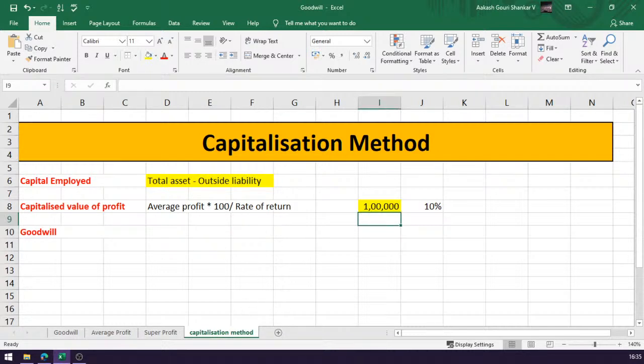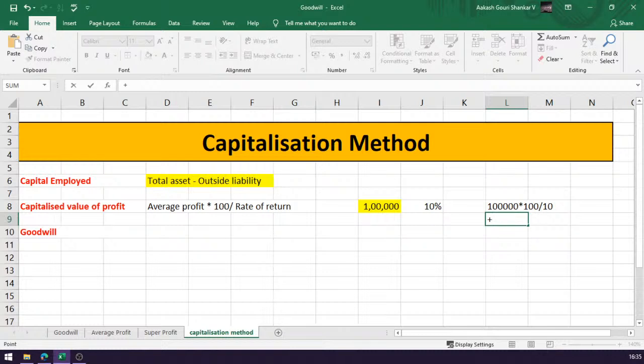Here we can find, if the return for something is 1 lakh, which is the 10 percentage, what will be that capitalized value? So our calculation will be 1 lakh into 100 divided by 10, which is 10 lakh.